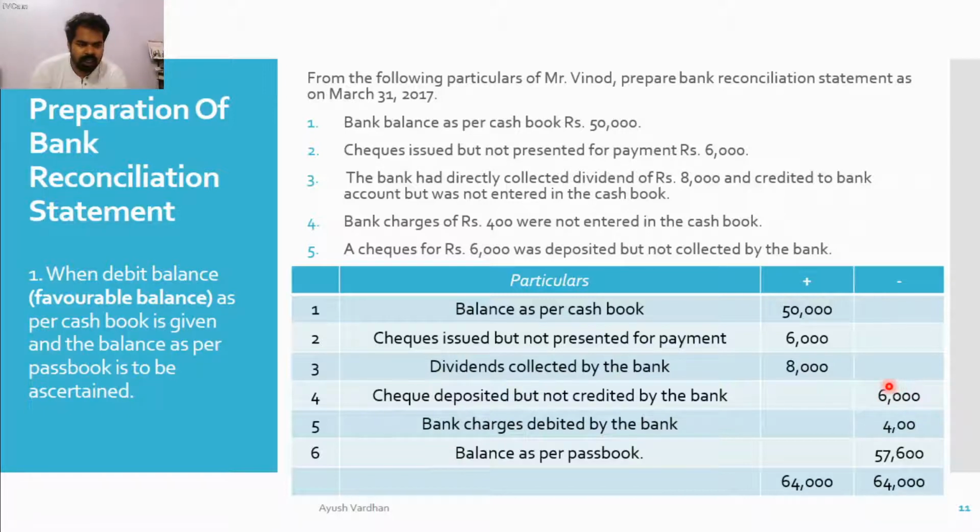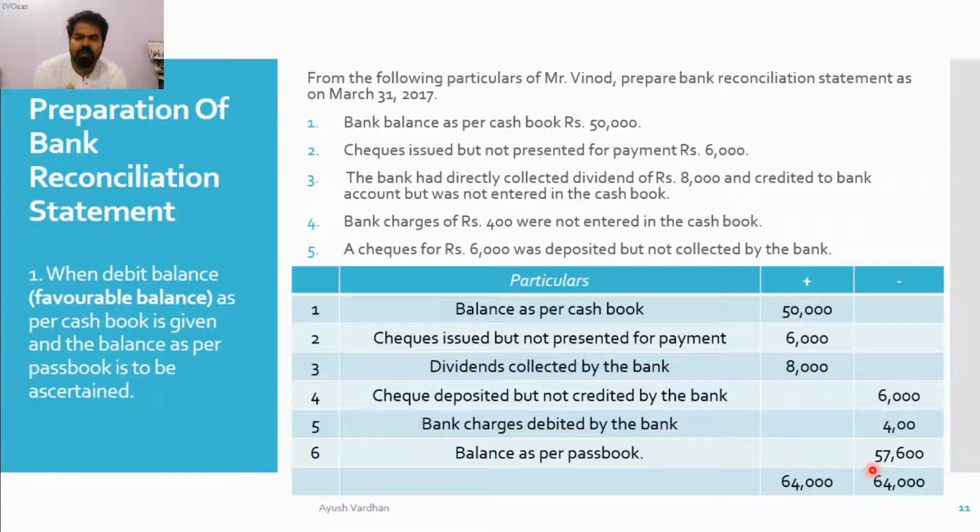That is we have 60,000 and again we have 58,000, and we will again reduce 400 rupees more. That is we have 57,600 rupees.